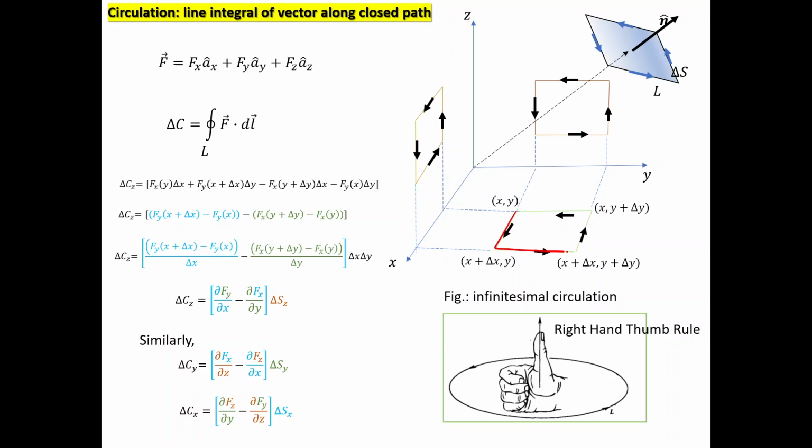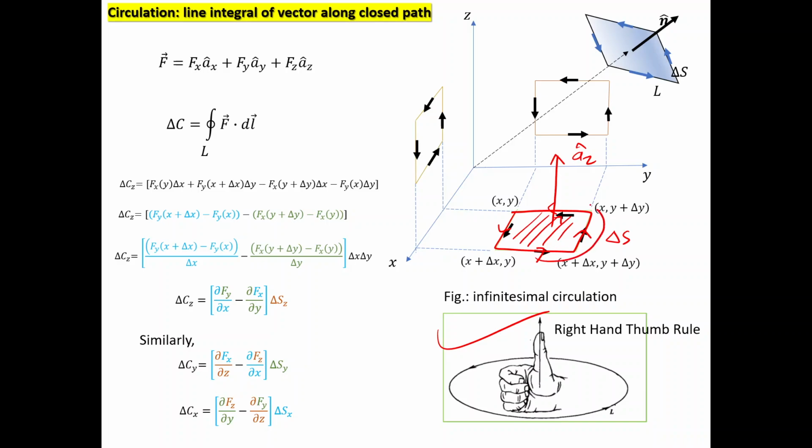Let's say we have circulation over the xy plane in this direction. And how do we choose? Let's say this is the loop area, then its direction will be along the az direction, and it is given by the right hand thumb rule.